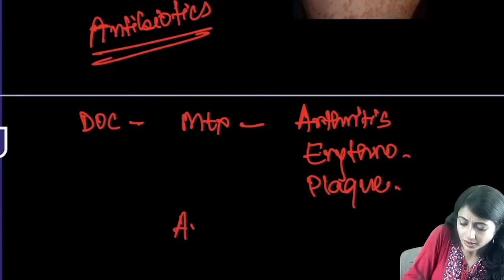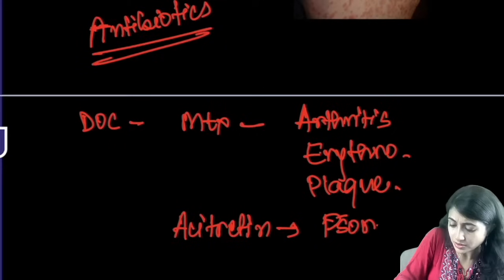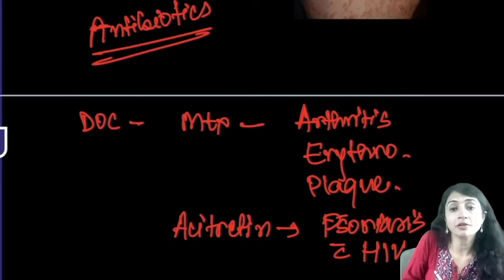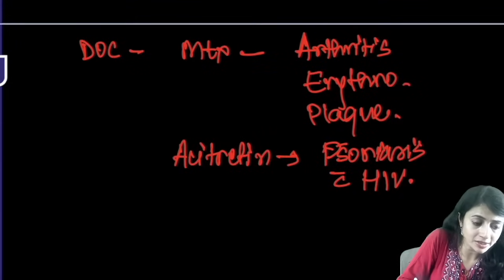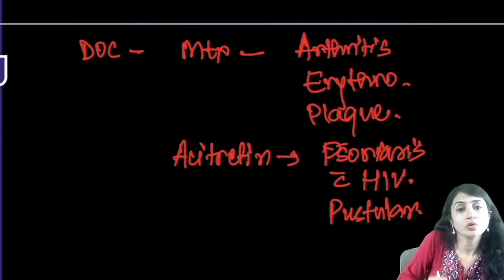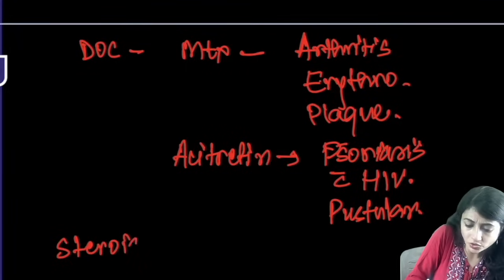Then acitretin is used when you have psoriasis with HIV. In HIV positive patients, you use acitretin. And yes, in pustular psoriasis also you use acitretin. Where do we use steroids in psoriasis?